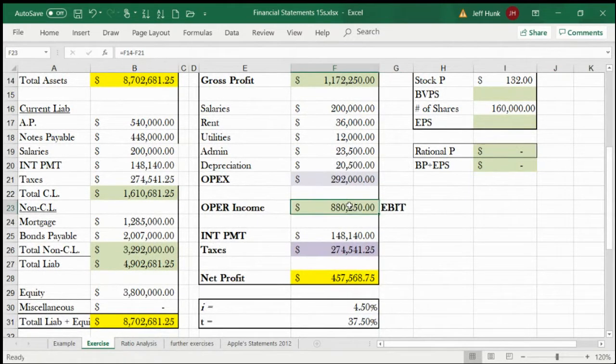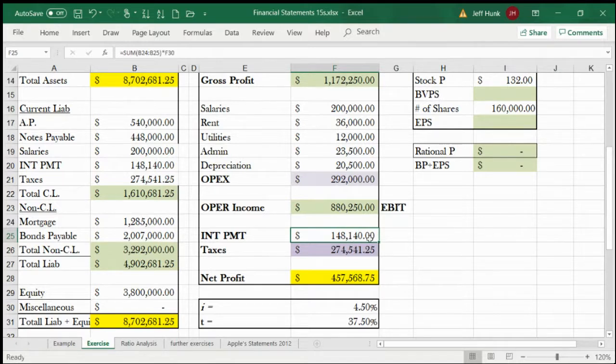Because EBIT is a broader level of profit than net profit, because it's before paying interest and taxes. What is important to the bondholders is the company's ability to pay interest.